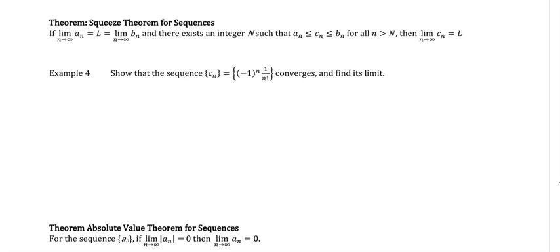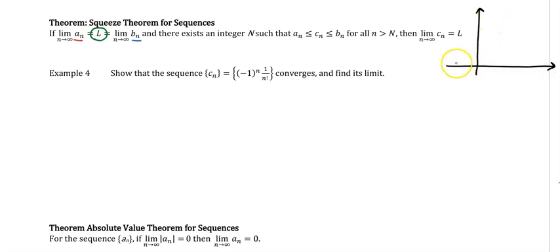Next, we will be using the squeeze theorem to show that a sequence converges and find what it converges to. So the premise behind the squeeze theorem is that you start off with two sequences, a sub n and b sub n, and you know that both of those sequences converge to some value L. So in theory, we're working with a situation like this.